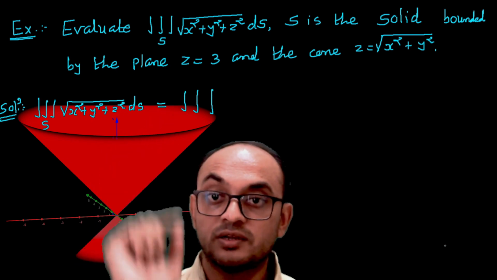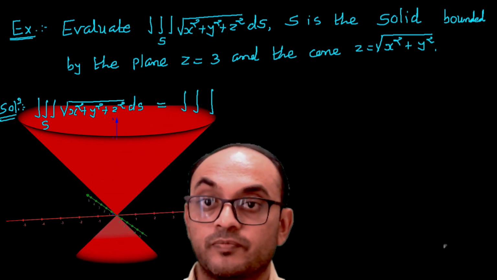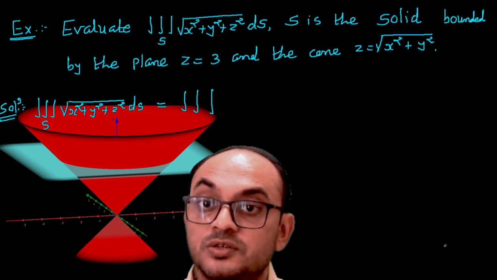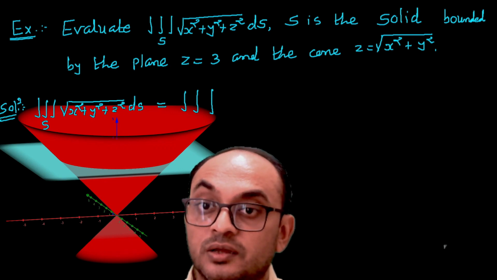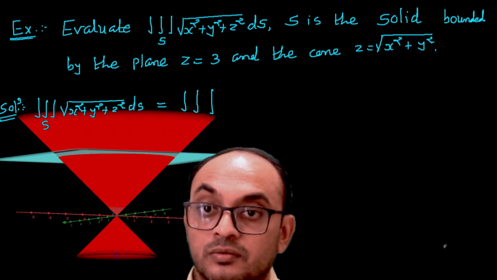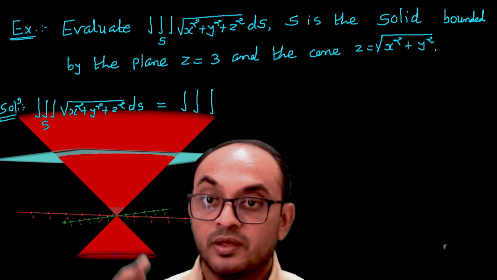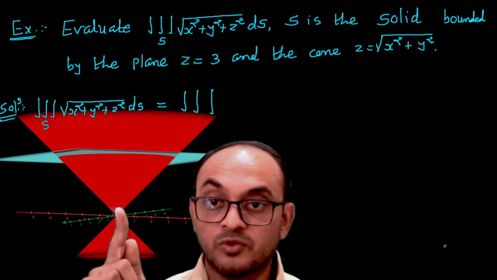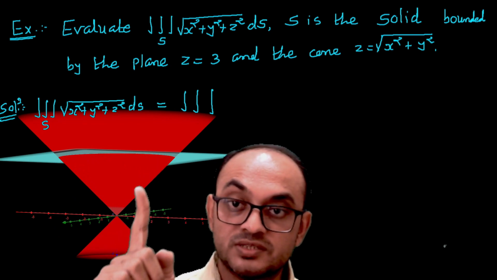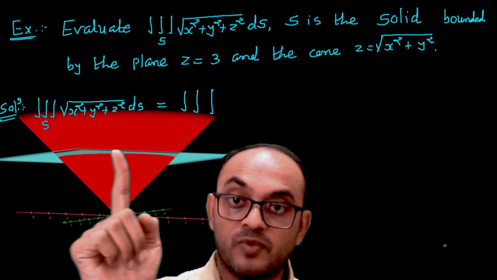Now the plane z is equal to 3. So this is the plane z is equal to 3. So what is my solid? The cone starting from the origin and till z is equal to 3. So only this is the portion of my solid.